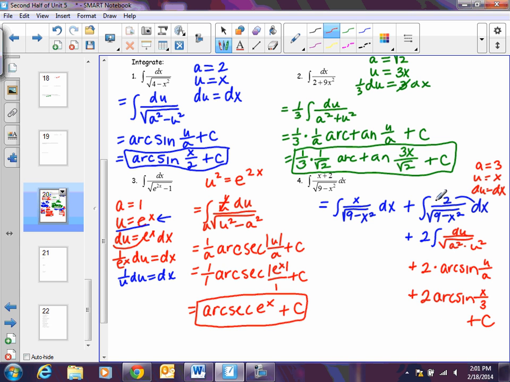So we broke it up into 2 pieces, and the second piece was the new stuff. That implies that the first piece actually is old. So let's just assume that it is old and that we know how to do this. What would you let u equal if this had been on your last test? You would have let u be 9 minus x squared, and that would have made du negative 2x dx, which we've moved that over.